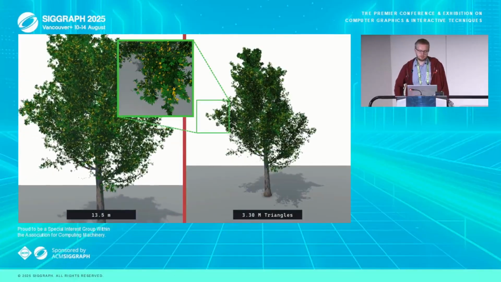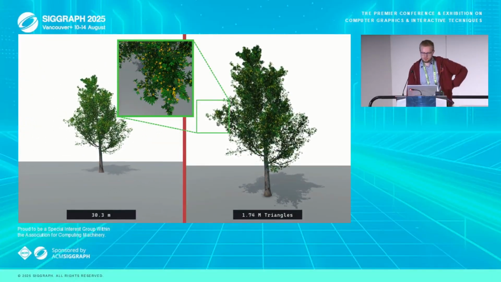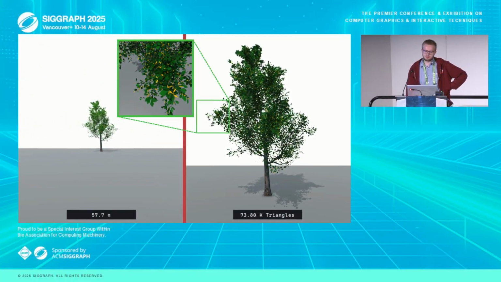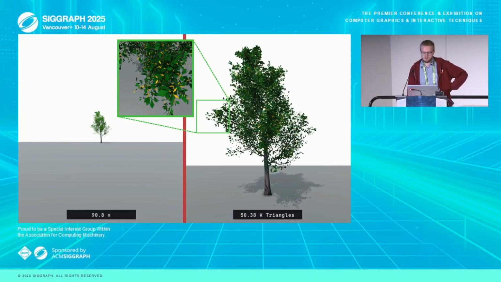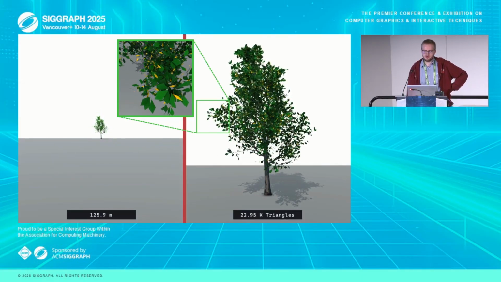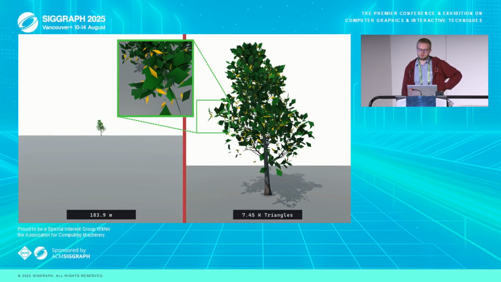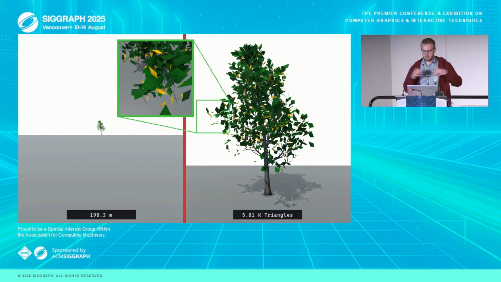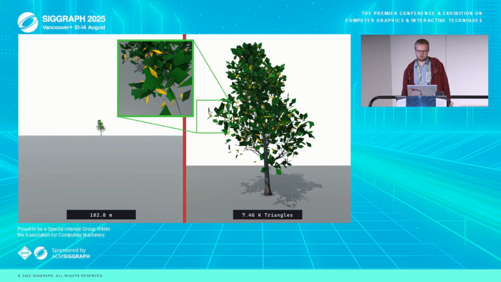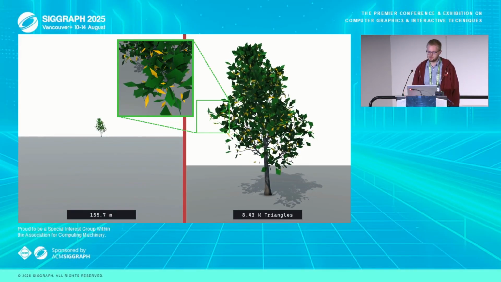For the leaf generation, we do something similar. So for the leaf level of detail, we use an old trick: when we are far away, we generate fewer leaves, but compensate by scaling them up. And this way, on the left side, you can see the tree looks almost the same, but on the right side, you can see there are actually a lot fewer leaves that are just bigger.